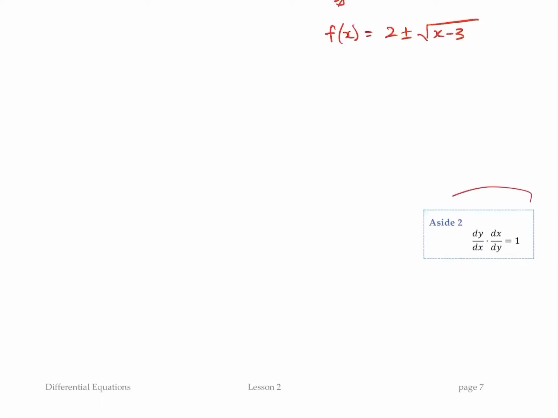Okay, just try to be quick now. Why is it that this works? This is the heart of today's lesson, that dy dx times dx dy equals 1, meaning that we can have dx dy equals 1 over dy dx. Why does that work? Well, it's because dx and dy are small pieces of x and y, but they're infinitesimally small. Now, we always tell you that you cannot treat dx dy or dy dx like a fraction.